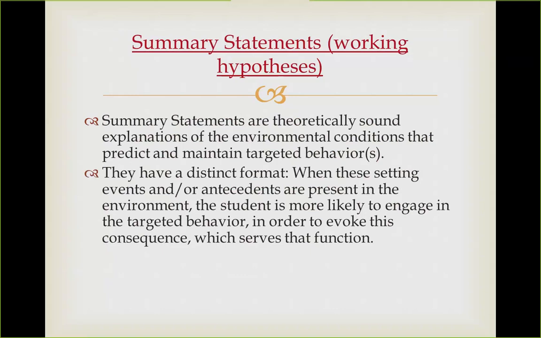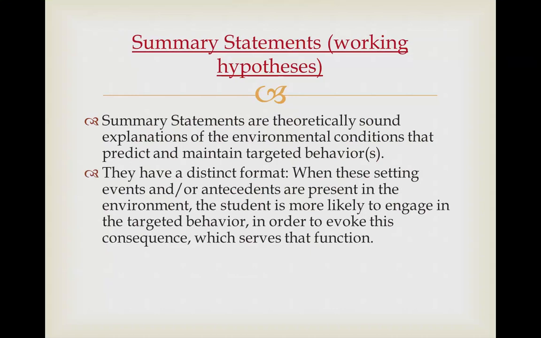In reality, when I start writing those out in summary statements for real kids, I frequently conflate them into "teacher attention" or "escape work." What I should say for escape work is "sent to the office." That's the observable, measurable thing I saw. The inference I'm making is he wanted to escape work.